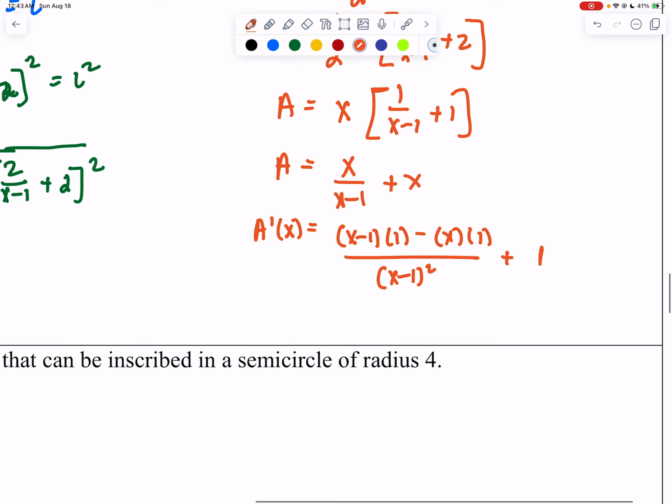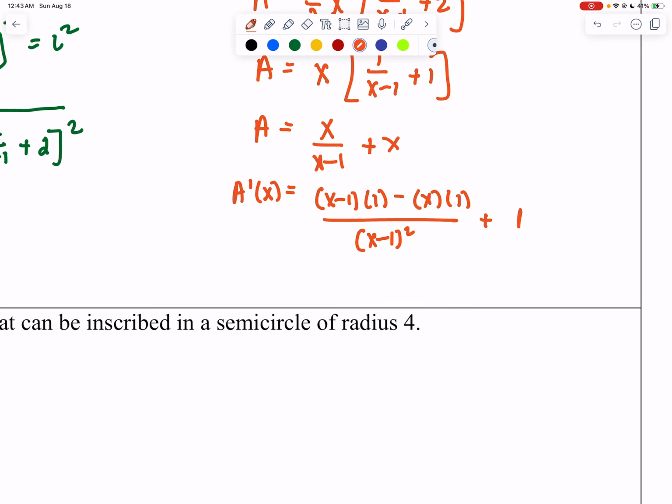We're going to set this equal to 0. But first, I think we could simplify the numerator. I think that should be easy. x minus 1 minus x, which is just negative 1. So I have 0 is equal to negative 1 over (x minus 1) squared plus 1.